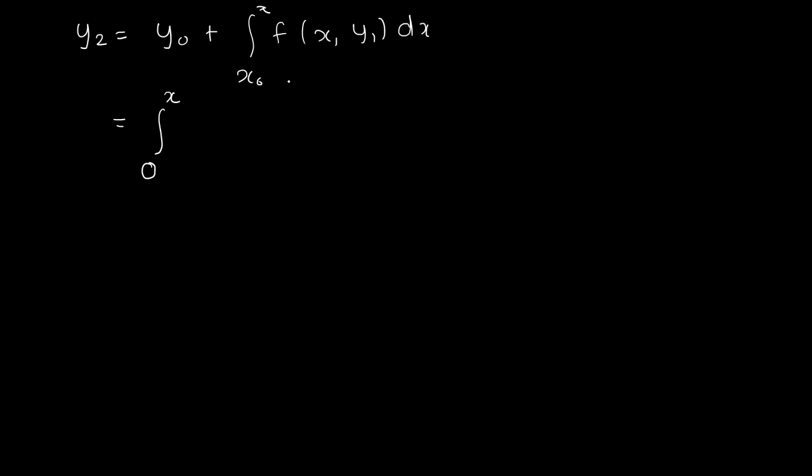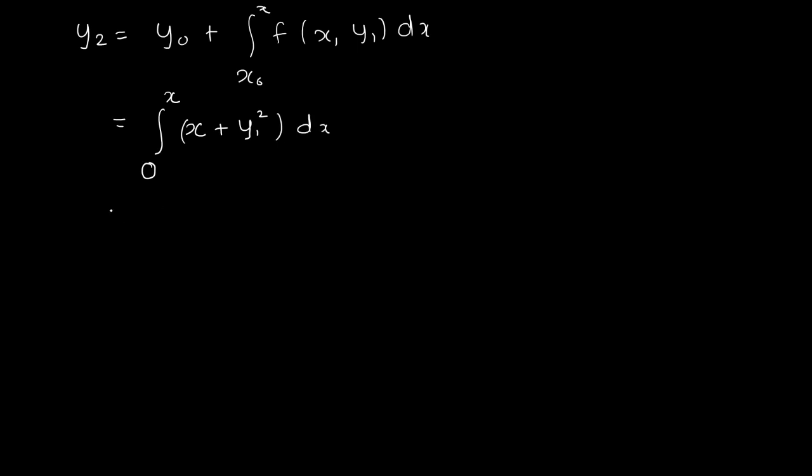Okay, now we'll do the second iteration. Second iteration will be y2 equal to y naught plus the integral from x naught to x of f of x comma y1 dx. That is what, y naught is 0, so what remains is x naught. X naught is also 0, 0 to x. Now f of x comma y1 is what, x plus y1 square.